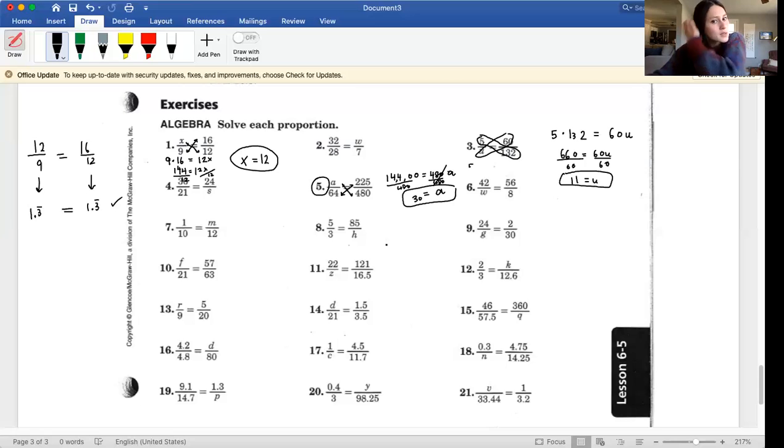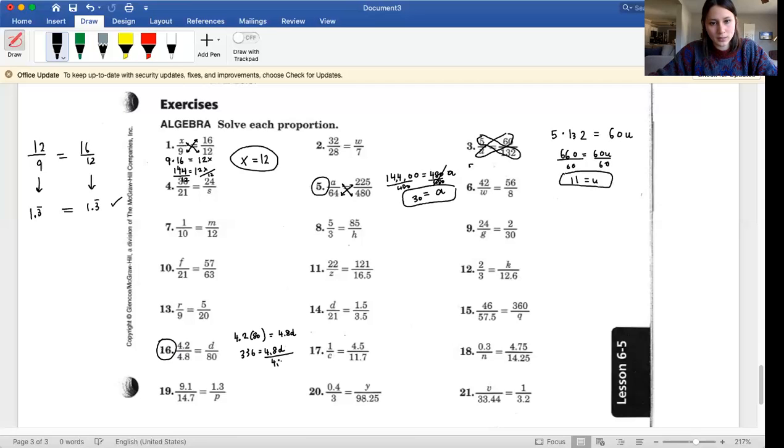Let's do one with a decimal. Let's do 16, and then I think that's all I'll do with you guys. It's pretty straightforward. You plug it all in your calculator, and because of that, it's probably a little less time consuming because you can just plug in those buttons. Okay, so 4.2 times 80 is 336 equals 4.8d.